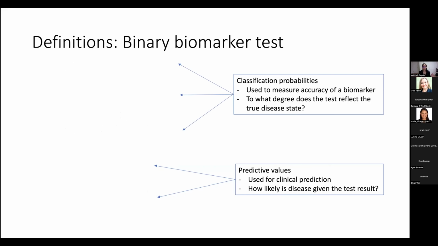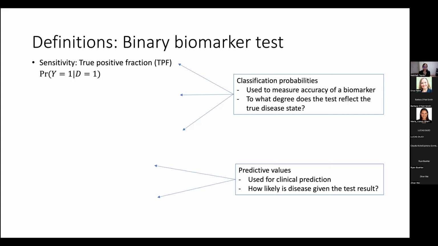So when we have a binary biomarker, we can think of summary measures of its performance in 2 categories: classification probabilities and predictive values. Classification probabilities are used to measure the accuracy of the biomarker. So to what degree does the test reflect the true disease state? It's things that you might be familiar with: sensitivity, also called true positive fraction.